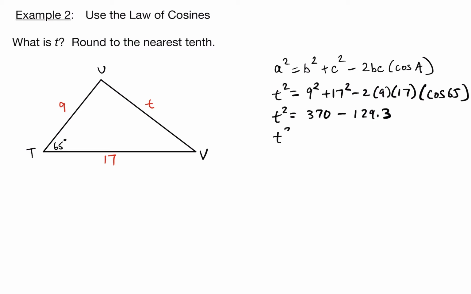Okay, so that means t squared is equal to 240.7, and then we take the square root of both sides and we find that t is equal to 15.5. Okay, so the length of UV, or in this case t, is 15.5.